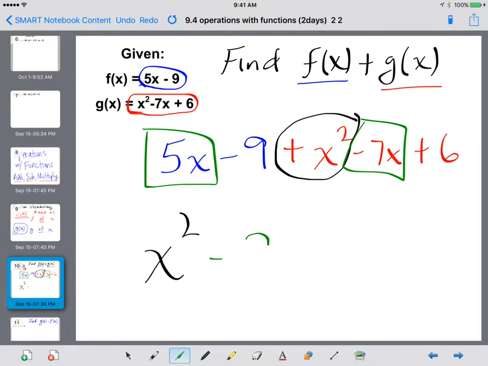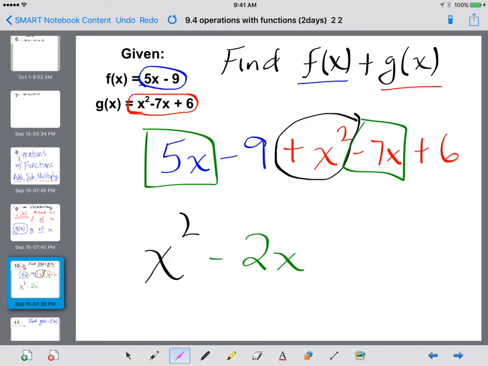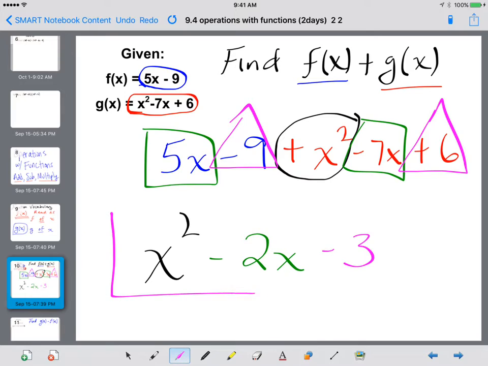Well, that's a negative 2x, so I write minus 2x. And lastly, I see negative 9 plus 6. Negative 9 plus 6 is negative 3. So f of x plus g of x is equal to x squared minus 2x minus 3.